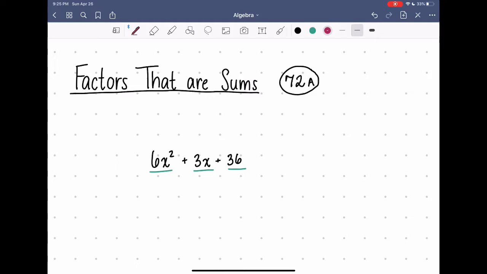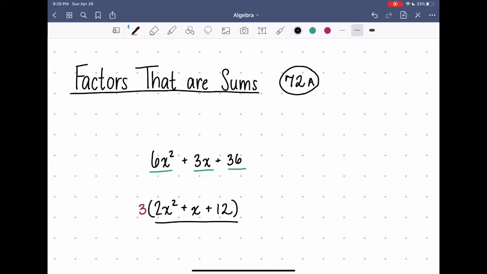So we could take out a 3 from every single term and then factor the whole thing after that. So this would become 2x squared plus 1x, or just x, plus 12. So I took out a factor of 3 from all of my terms, and then I could just factor this whole second thing normally and keep that 3 on the outside.